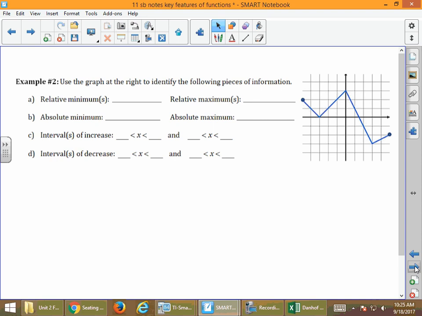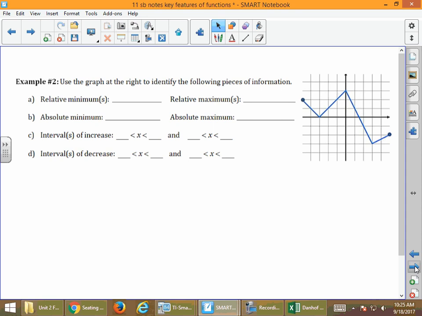Let's try another one. You've only seen one example with a lot of information in it. And here we're just going to look at some of the new stuff for us, which is relative minimum and relative maximum. And remember that relative minimum and relative maximum occur at a peak or a valley.